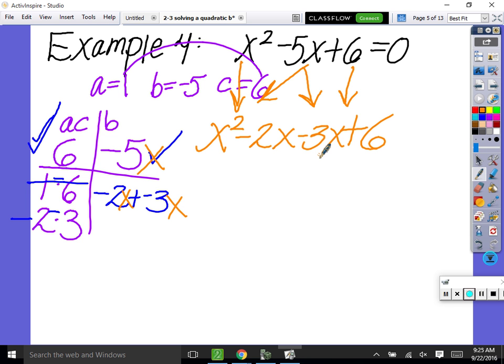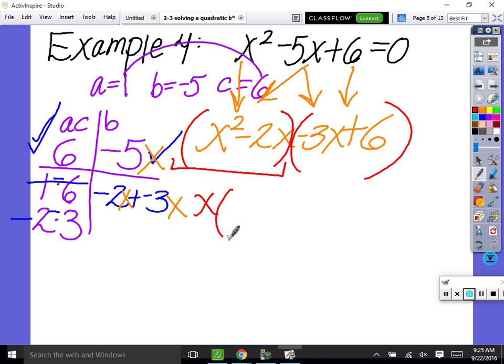And now we will group the first 2 terms. We'll group the second 2 terms, including the sign. The greatest thing in common here is x, correct? And then we'll go back and write what's left in our parentheses, so x minus 2. We'll factor out a negative 3.